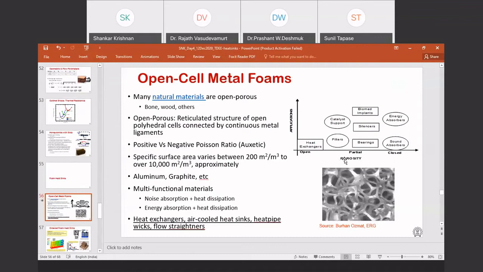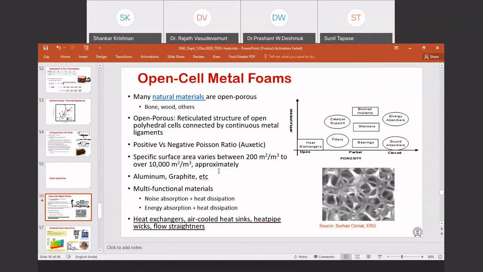depending on their porosity. A close-up of stochastic, randomly oriented pores is shown here, where you can see this is an aluminum porous foam, where heat is being conducted through these ligaments and airflow will happen through these pores. So this is the porous material approach that I am talking about.